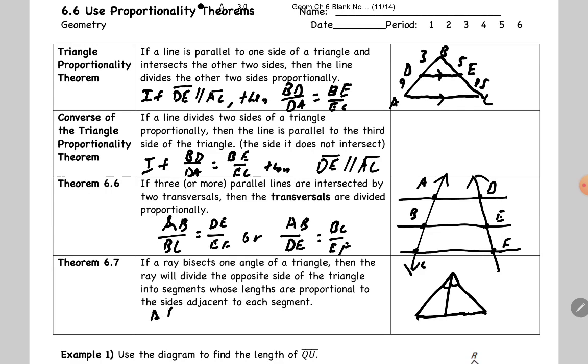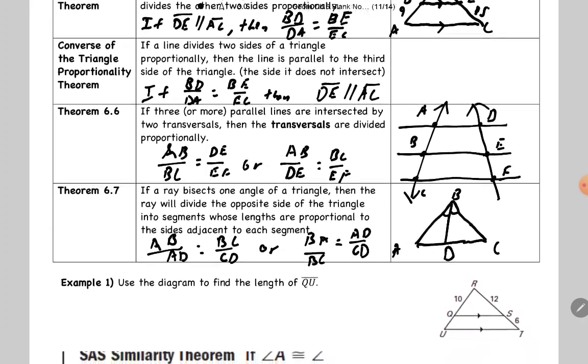So with A, B, C, D: AB over AD is equal to BC over CD, or BA over BC equals AD over CD. So you might want to remember these formulas or understand the wording, however way you want to look at it.